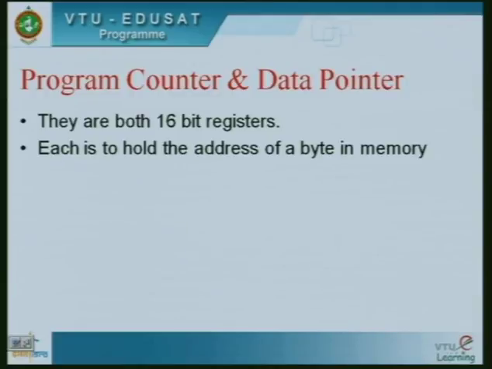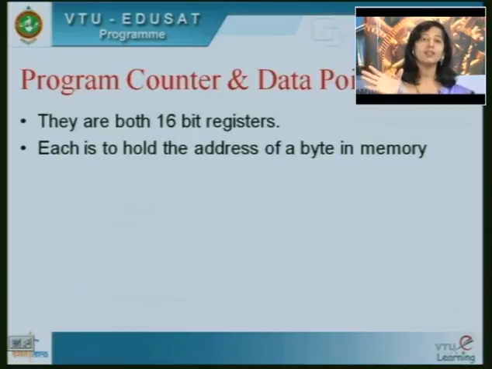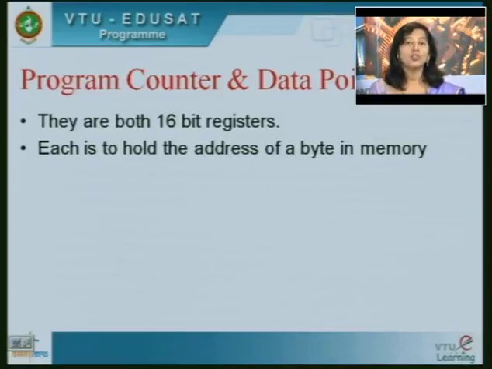So it can be 1 byte of data or 1 byte which contains the program. Program counter will always point to the instructions written in the program. A program is a sequence of instructions. So you will have multiple instructions written one after the other.